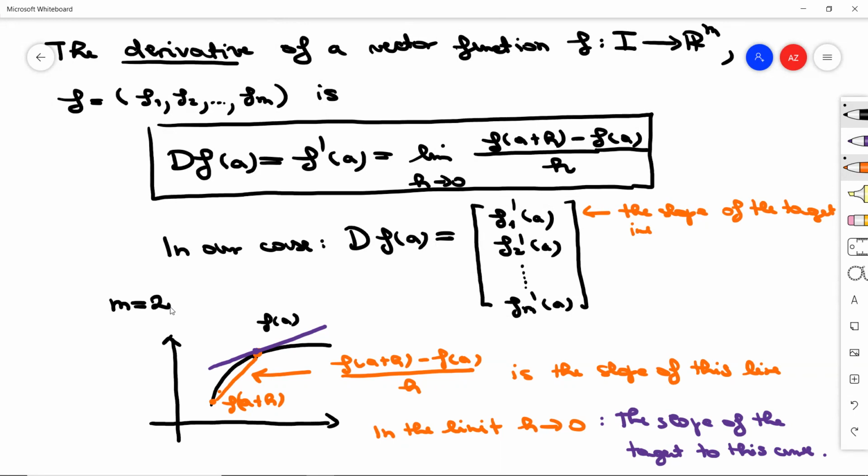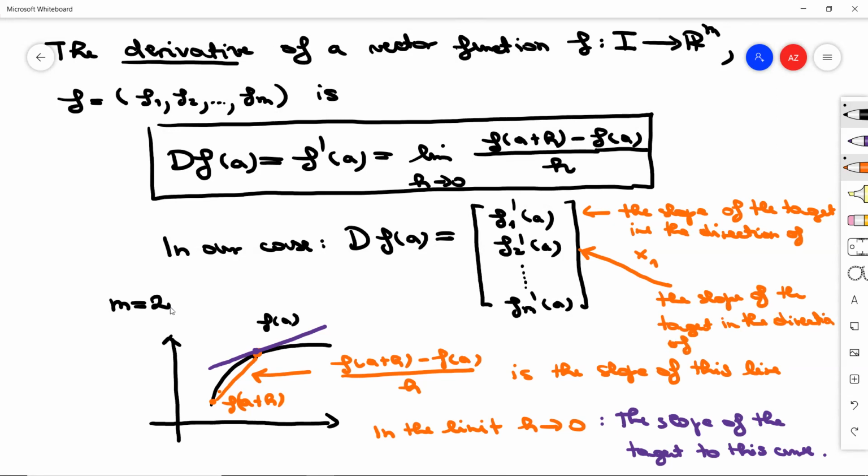So the slope of the tangent in the direction of the x1 axis, and then the second component is the slope of the tangent in the direction of the second axis x2, and so on.